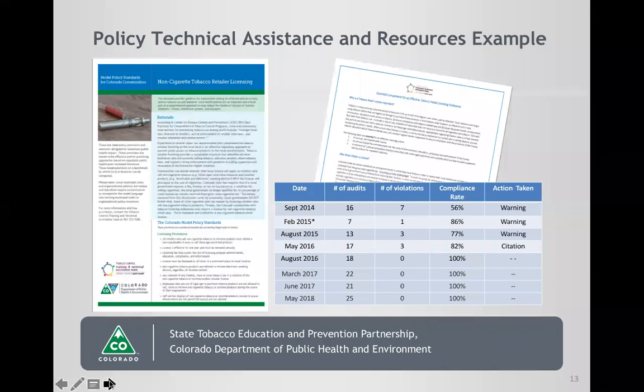And we were able to see this shift from a very low, I'll say, 56% compliance rate to 100% compliance rate after just a little bit of time with that license. And overall, our licensed communities saw a 76% reduction in violation.